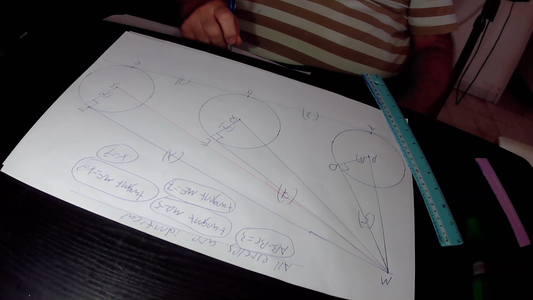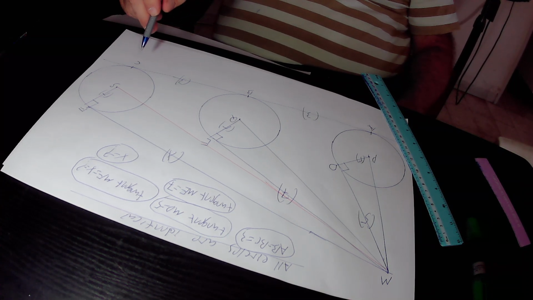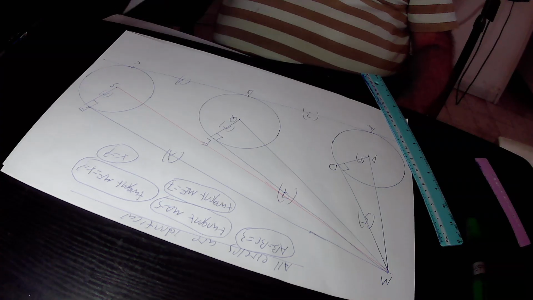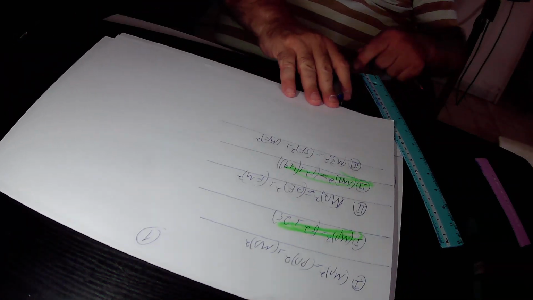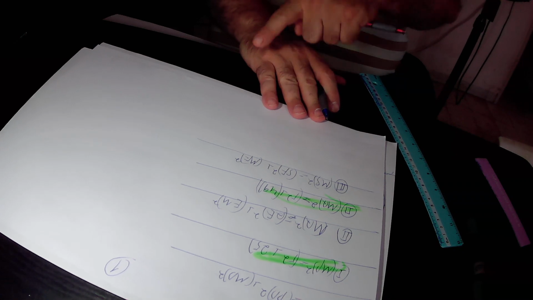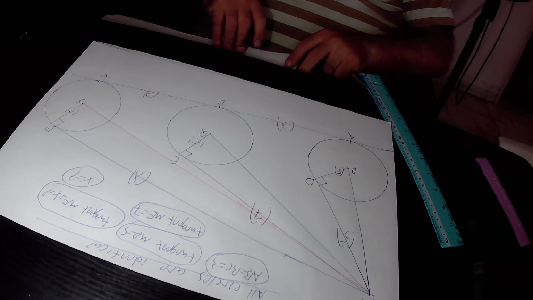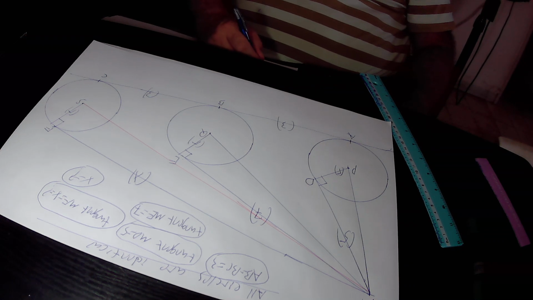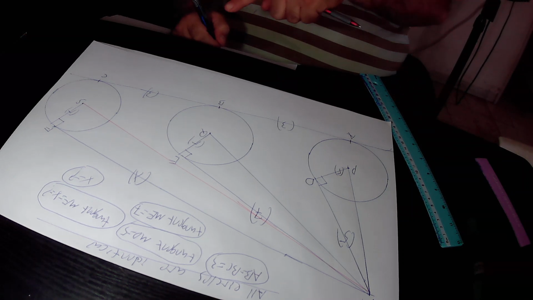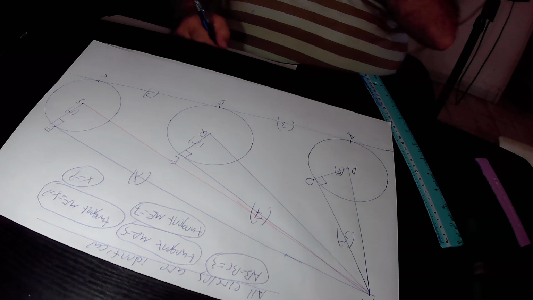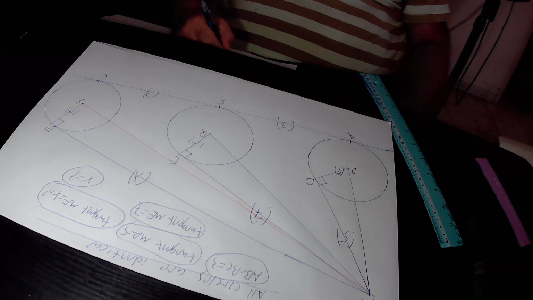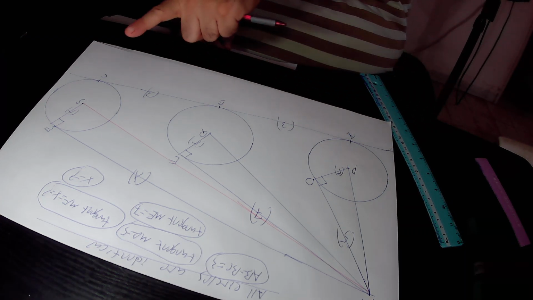And again, according to the Pythagoras theorem, in this right triangle MSF, MS squared equals SF squared plus MF squared. MS is the missing side, so we leave it as it is, so it is MS squared equals SF squared. SF is R, therefore SF squared is R squared, plus MF squared.